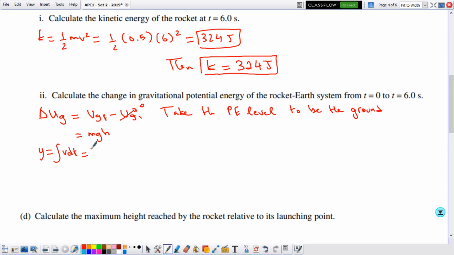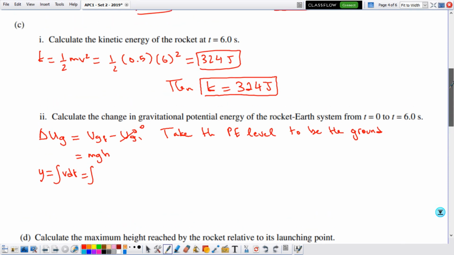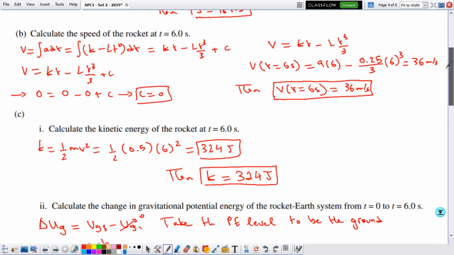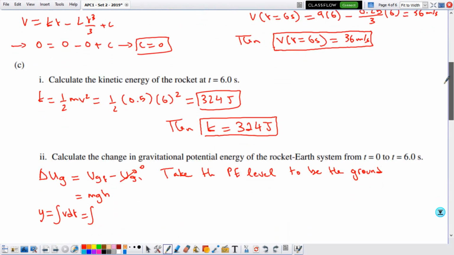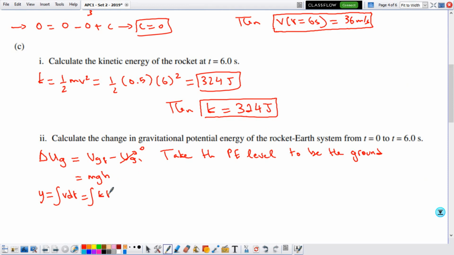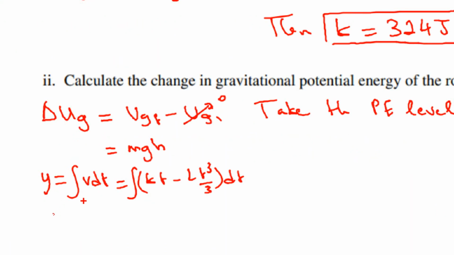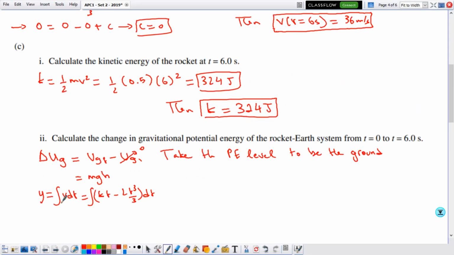So which is basically the integral of v, where v is given by kt minus lt cube over 3. Now here I'm setting this integral to be a free integral. Then I'm gonna determine the value of c, and we're gonna substitute for y equals to 0.